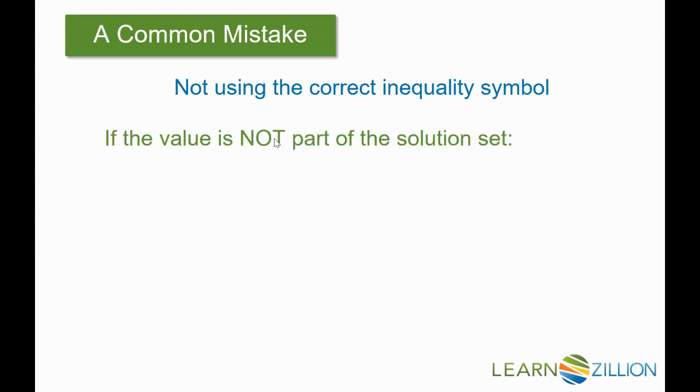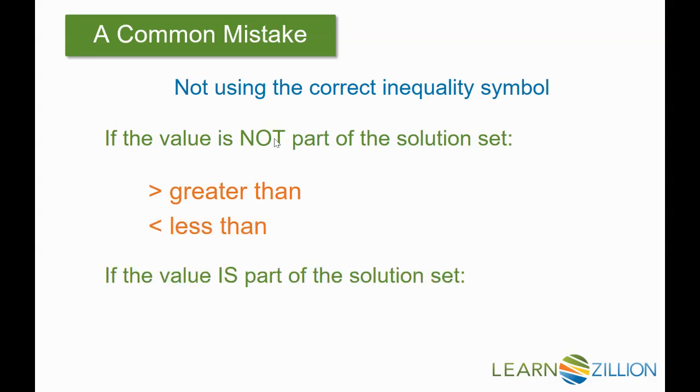So if the value is not part of the solution set, so remember that when we solve an inequality, we end up with a set of numbers as our solution. And if the value is not part of the solution set, then we use greater than or less than. So what this means is my example from before, 3x is less than or equal to 10, right?